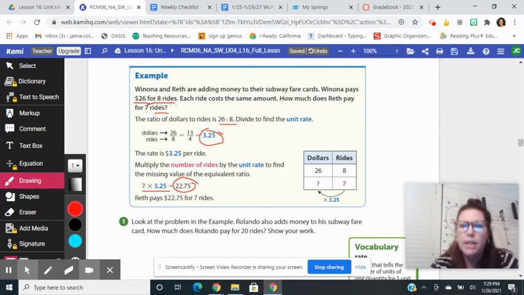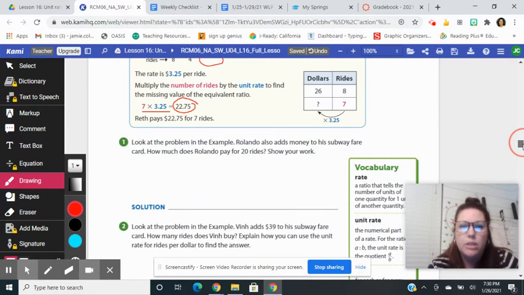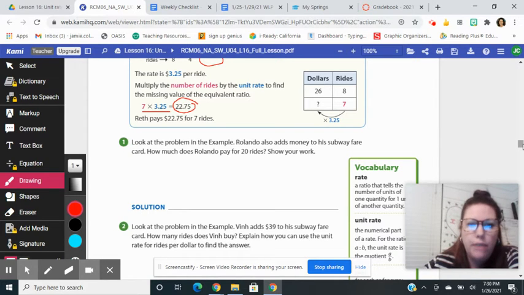Okay, we're going to use the same ratio of 26 to 8, or at least $26 for 8 rides, in order to answer our next couple questions. So let's go to number 1. It says, look at the problem in the example. Rolando also adds money to his subway fare card. How much does Rolando pay for 20 rides? Okay, so we already know that the rate is $3.25 per ride.